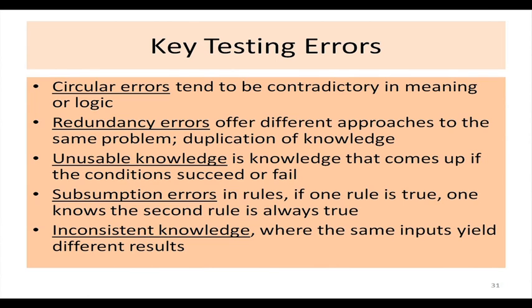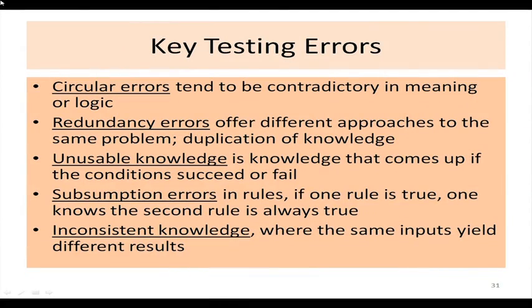Now, inconsistent knowledge. Inconsistent knowledge is where the same inputs yield different results. Suppose you have data. If you analyze the data, whosoever analyzes it, you come out with similar results. But if two people are analyzing the same data using two different approaches and coming out with two different results, it means either there is a fault in the method or in the data, which is to be identified.